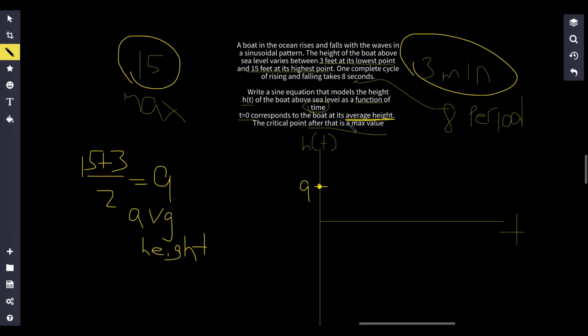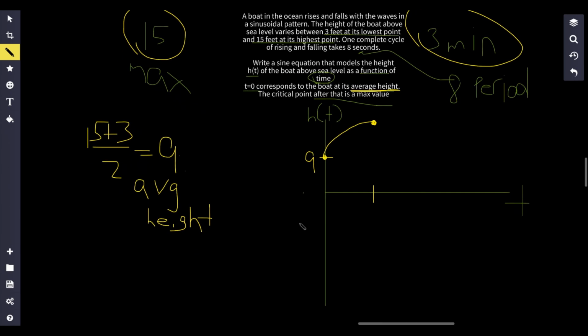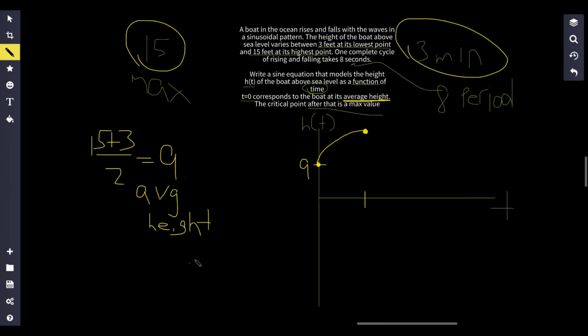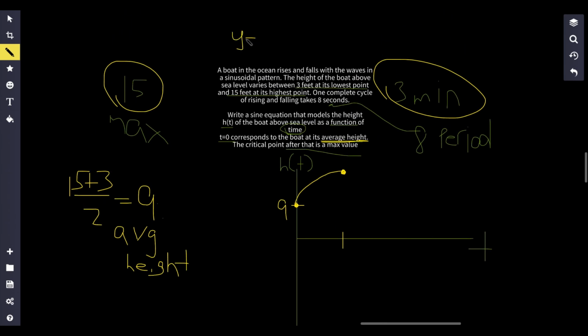Now we know that the critical point after that is a maximum value. So whatever value we have after this is a maximum value, which means that our equation for our function is going to start out with y equal to sine of blank.